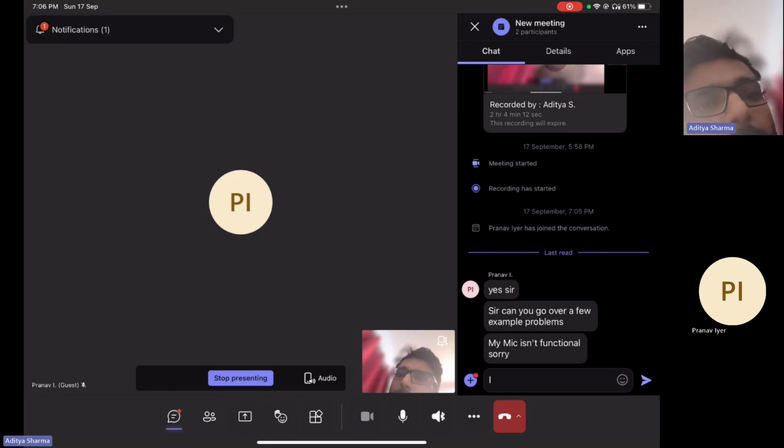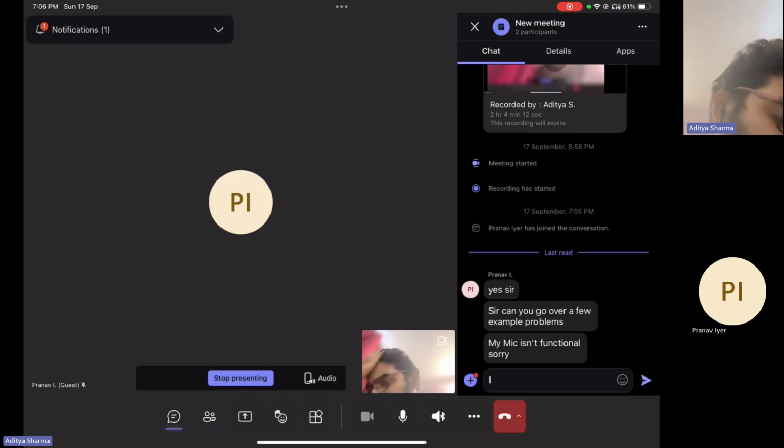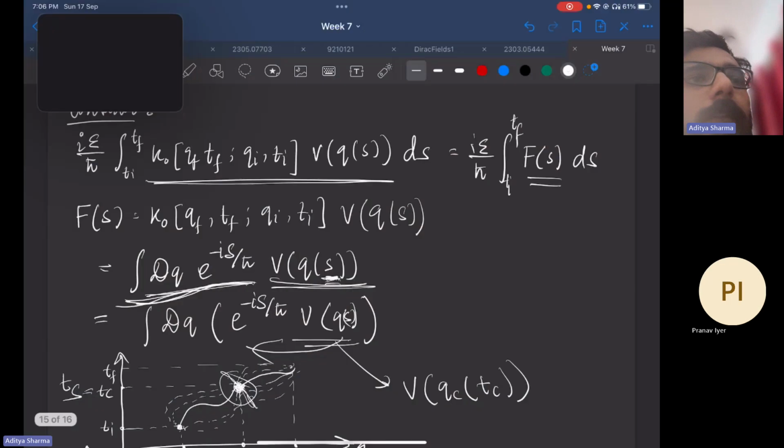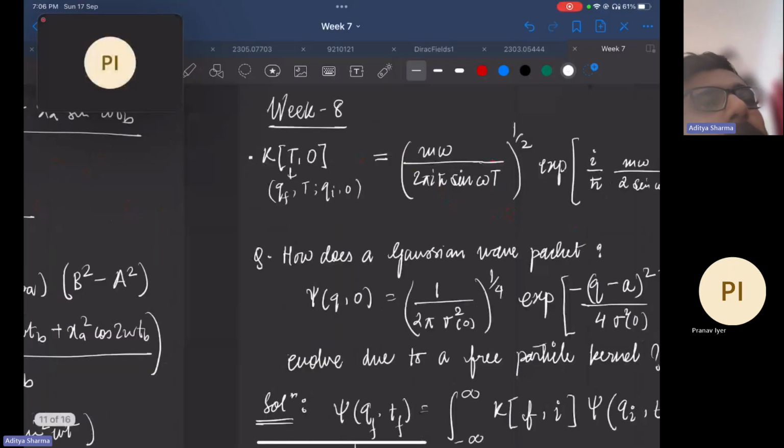We did some examples. I did the free particle example. Okay, so path integral for a free particle I had done last class. I can quickly go over it if you want to.